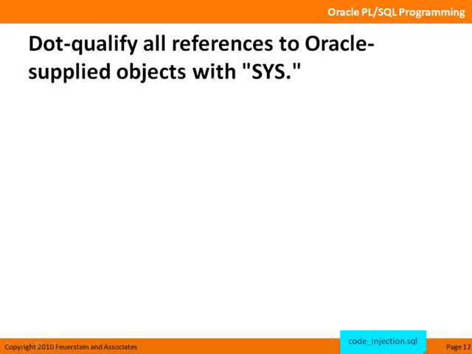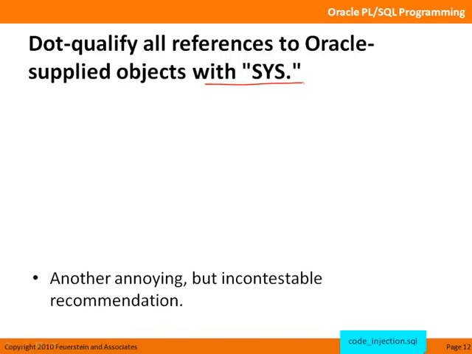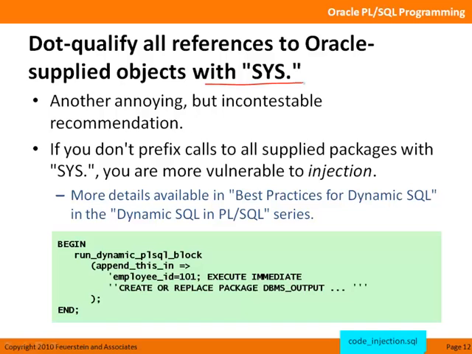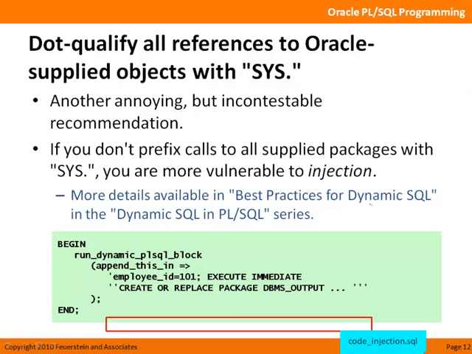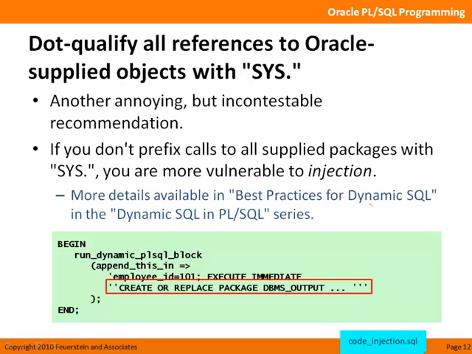Qualify all references to Oracle supplied objects with sys. Another best practice that you hate to hear about, and it's hard to argue with, but you really don't want to do it. So, the recommendation is that whenever you reference a built-in package, be it DBMS_OUTPUT, DBMS_SQL, any of those built-in packages, you always put sys. in front of it.